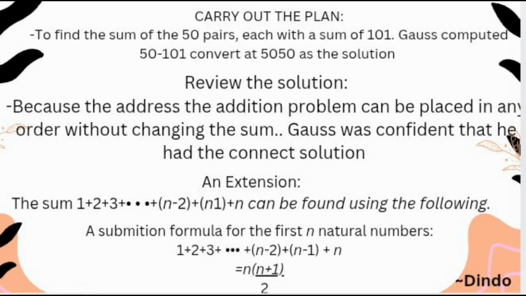The summation formula for the first n natural numbers is 1 plus 2 plus 3 plus ... plus (n minus 2) plus (n minus 1) plus n equals n times (n plus 1) divided by 2. This is the summation formula.